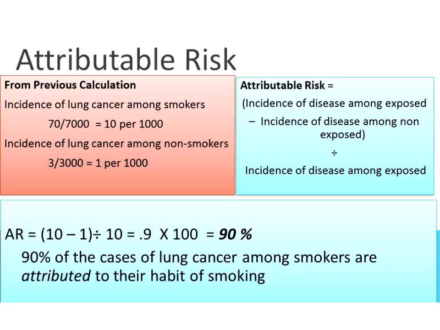So we take our incidence among exposed. We subtract out the incidence rate of the unexposed. We divide it by our exposed group, and we get 90%. 90% of the cases of lung cancer among smokers are attributed to their habit of smoking.